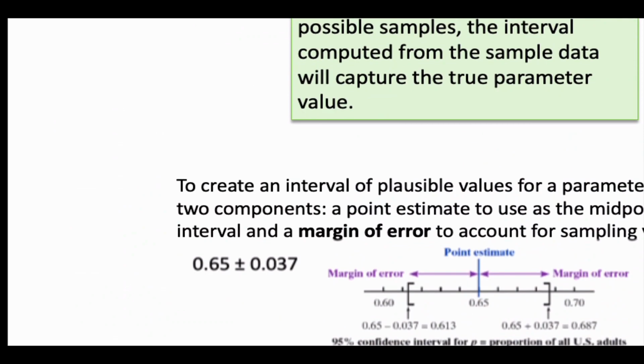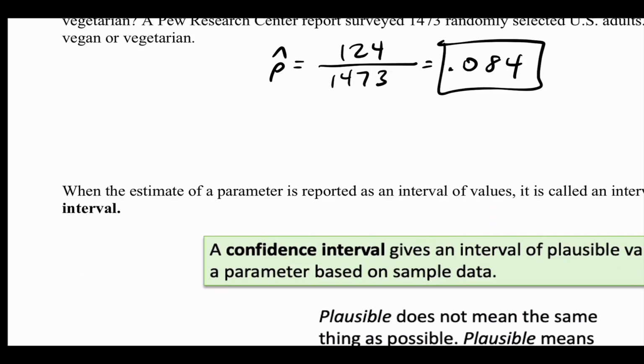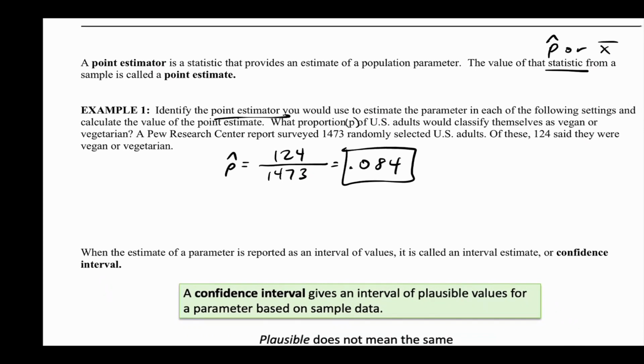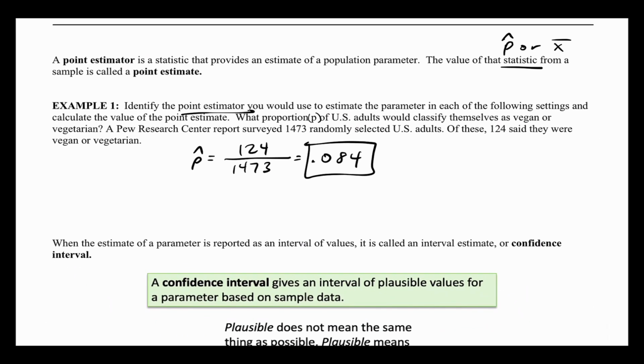Like for the last problem we did. You don't have to flip back, but I'll flip back for you. So we know that the sample proportion was the proportion of people in the sample who are either vegetarian or vegan. We don't have this number, but who would that represent? Not how many, because I don't know how many, but who would that represent?